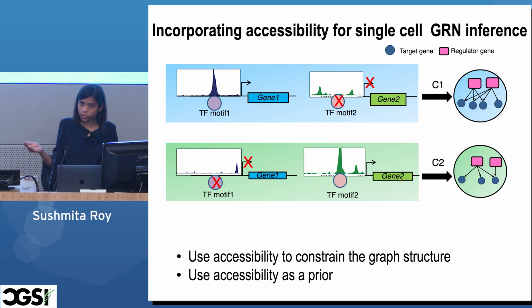The reason to do that is that these methods rely on the sequence specific motifs of transcription factors, so to be able to incorporate transcription factors that don't have motifs, we need to account for that. So it's better to use the accessibility information as priors and then use gene expression as an additional source of data to infer gene regulatory networks.